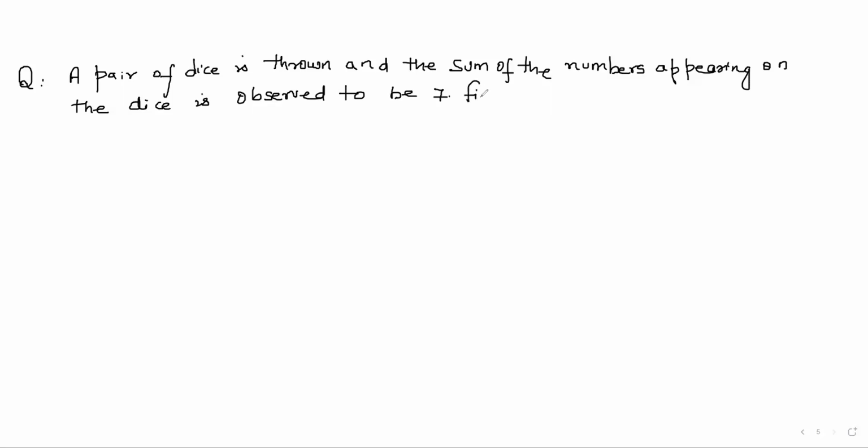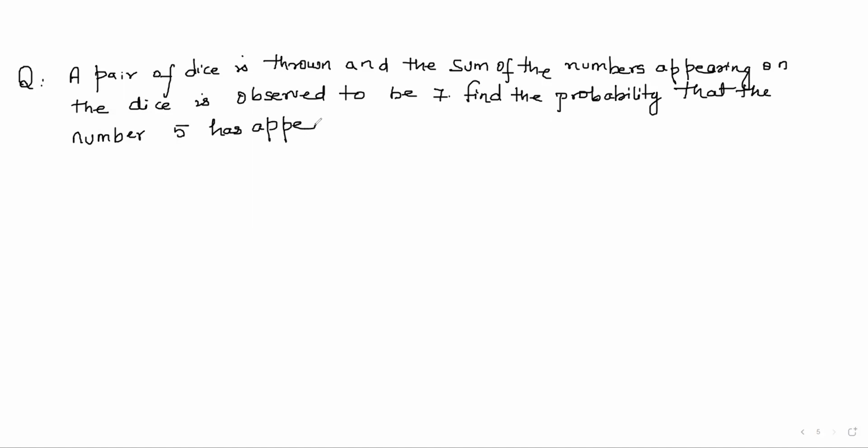Find the probability that the number 5 has appeared on at least one die.